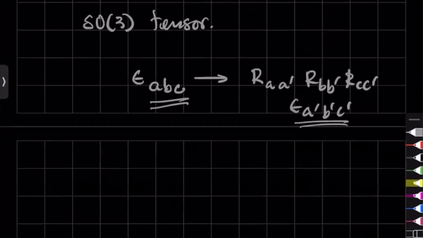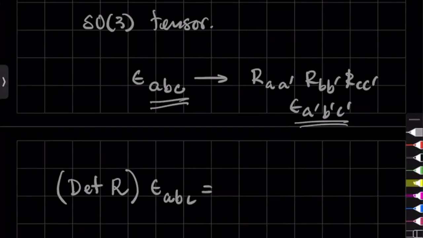But we know that the determinant of a 3 by 3 matrix is defined as determinant of R times epsilon_{ABC} equals R_{AA'} R_{BB'} R_{CC'} contracted with epsilon_{A'B'C'}, okay?